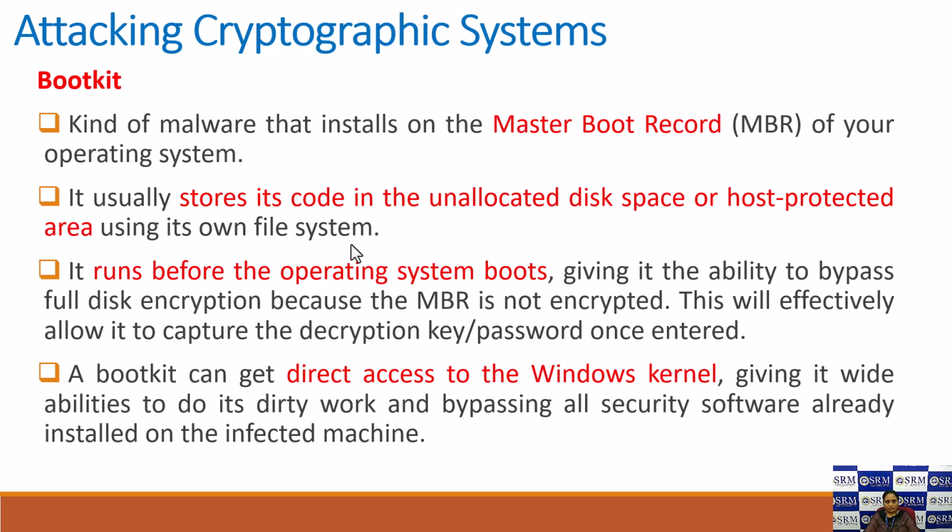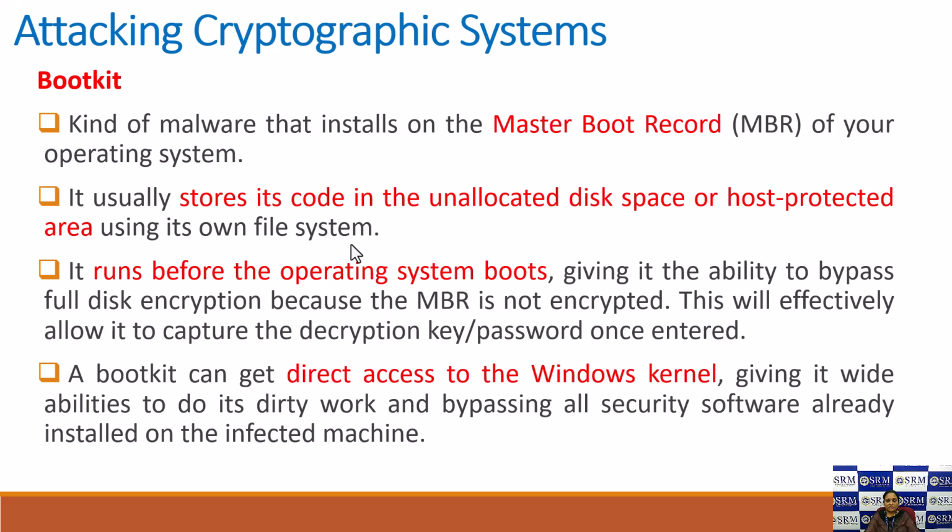That's your bootkit attack. A bootkit usually stores its code in unlocked disk space or the host protected area, using its own file system when this software is installed. So while booting itself, the attack starts. It runs before the operating system boots.